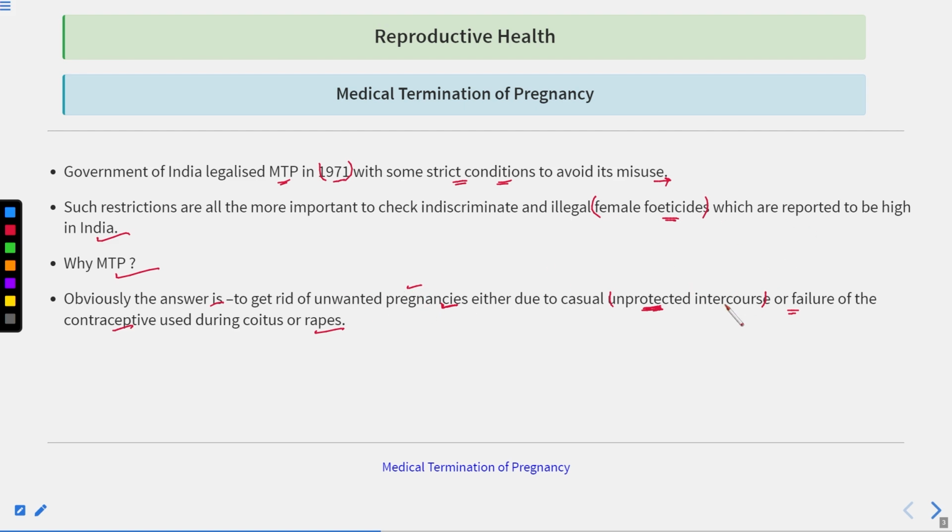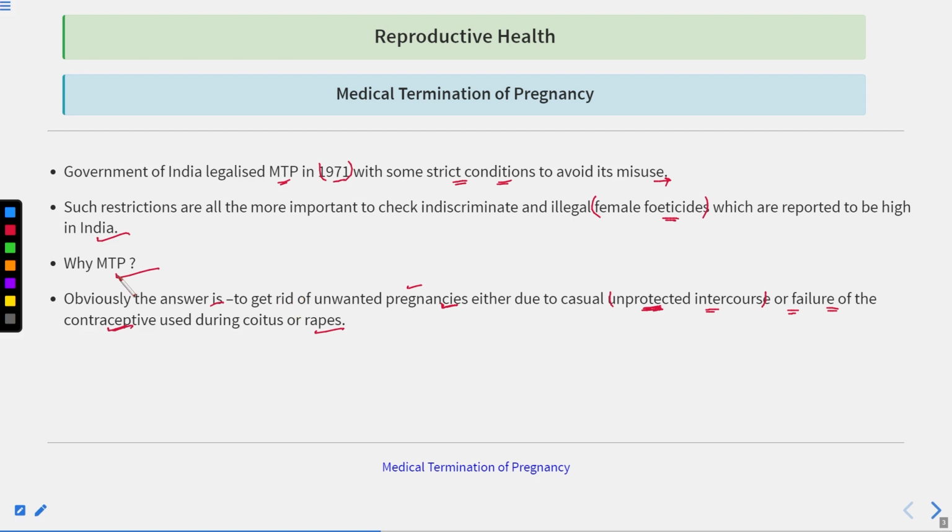So, to prevent the unwanted pregnancy due to unprotected intercourse or due to the failure of the contraceptive used. Usually the efficiency of these contraceptive methods is very high. All these condoms, IUDs, these pills, although their efficiency is very high, still sometimes there is a failure of these contraceptive devices and this leads to unwanted pregnancy.